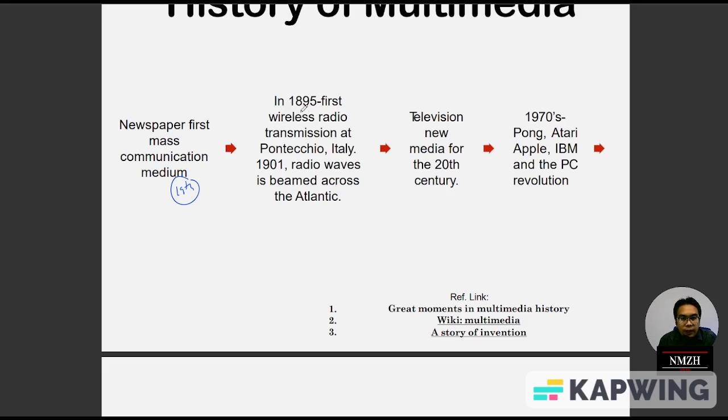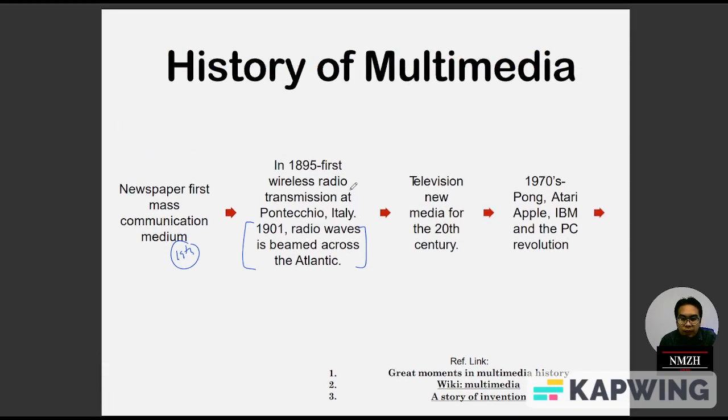Okay, in 1895, the first wireless radio transmission at Pontecchio, Italy was introduced. In 1901, radio wave was beamed across the Atlantic. I think that would be probably before the launch of the Titanic ship if I'm not mistaken. Then the first television was introduced in the 20th century.